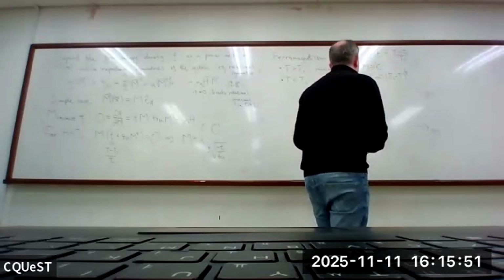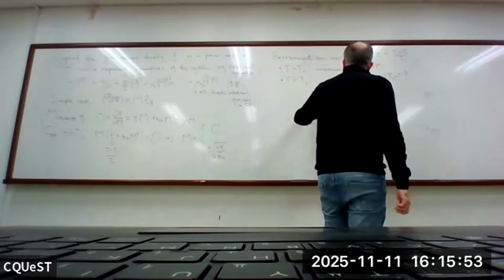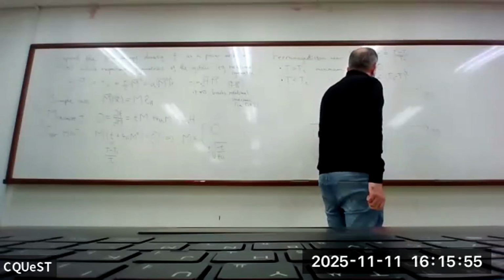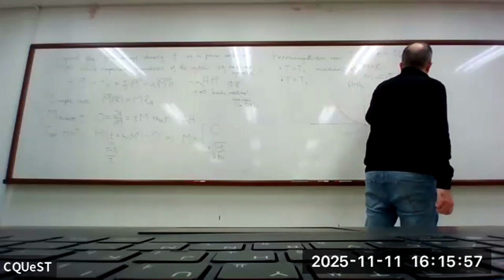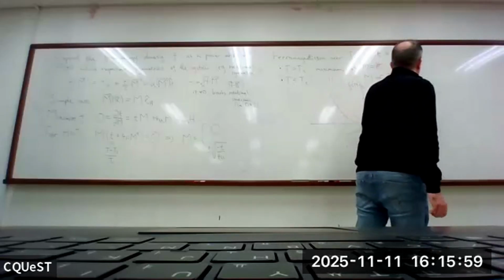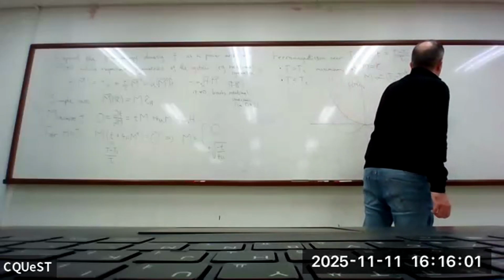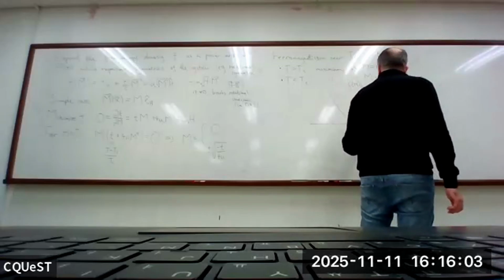And then for T less than Tc, we have this configuration, with two minima.